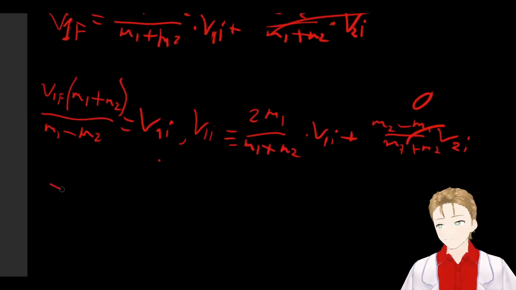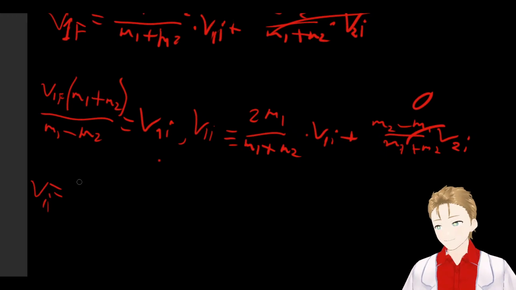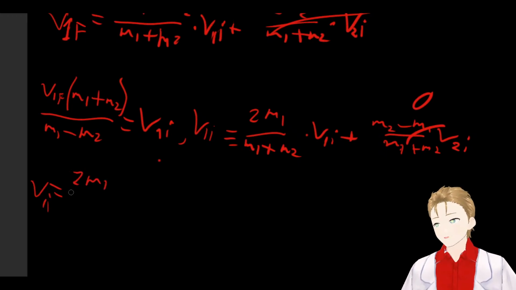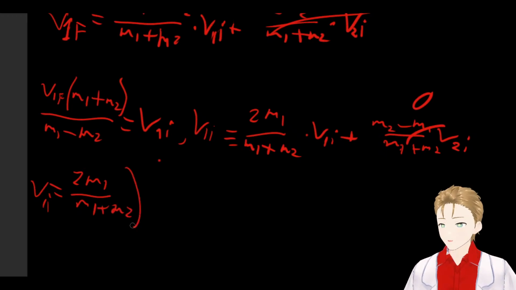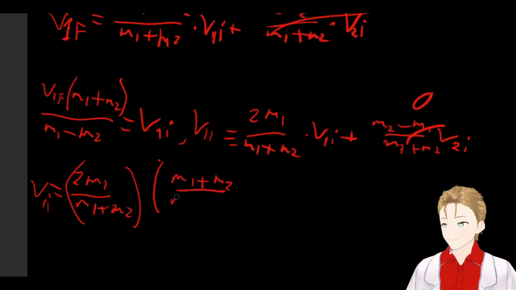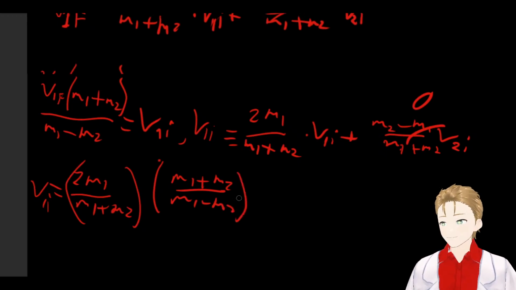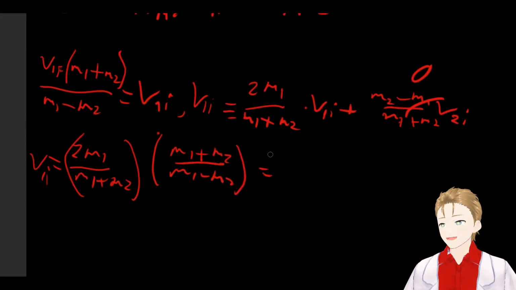The V1 initial is 2 M1 over M1 plus M2 times M1 plus M2 over M1 minus M2, times VI.